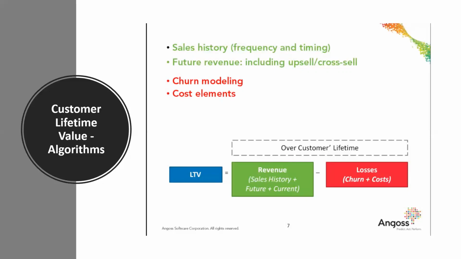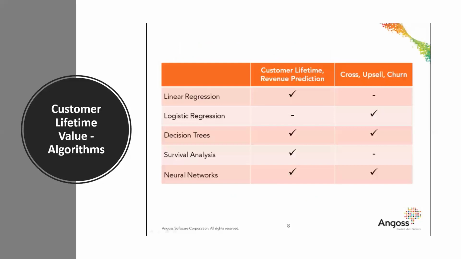These include costs of acquiring the customer, costs of maintenance, promotion, service, the cost of the product itself, and so on. These elements are all calculated over the span of the customer's lifetime, and the result is the difference between these two values.